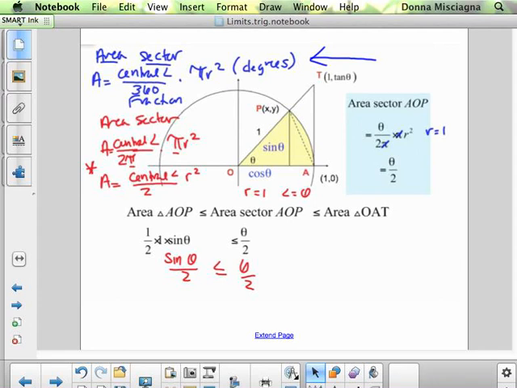Well, I could write it, but I've already got it written and I can't erase it. So the formula for area of a sector is central angle over 360, the fraction of the circle, times pi r squared, the formula for area of a circle. And this is if it's in degrees, which is fine.